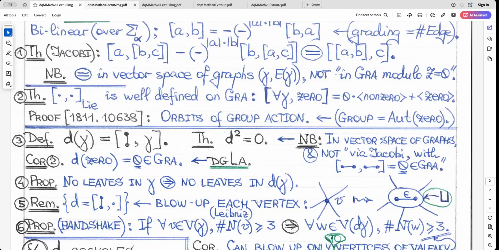According to the Jacobi identity, this should mean that the product of the stick with itself is 0. The stick with itself is 0, and it is precisely the graph which we saw one hour ago and which we flipped. So a theorem, once again, is that the square of the differential vanishes.